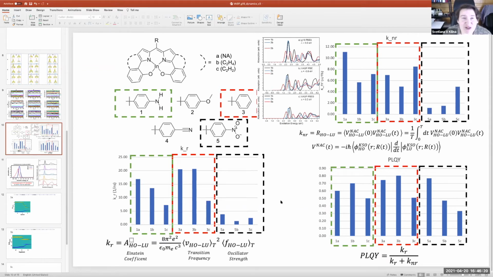This error is supposed to be systematic, which means if we compare between each of these complexes, the rates should get the same error. On the other hand, this error is a little bit self-healing if we compare not absorption but emission, because emission is more redshifted compared to absorption in Gaussian calculations when we optimize the excited state.